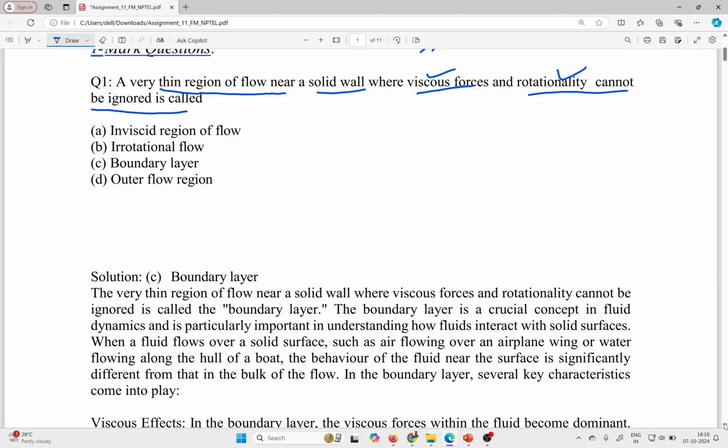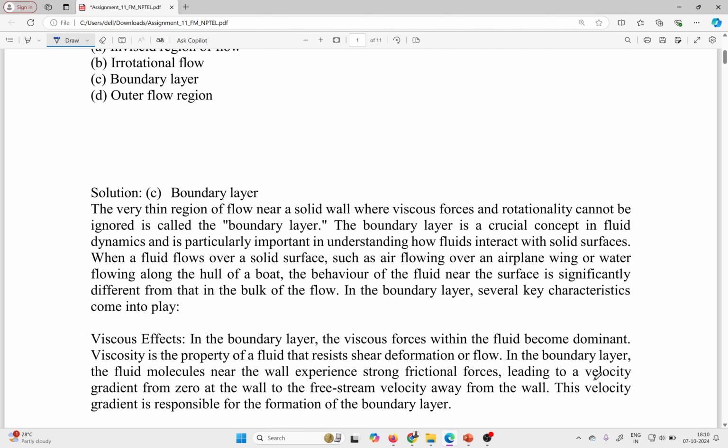So here I have written very well what the viscous effect is and all. If I try to explain here what the viscous effect is: in the boundary layer, the viscous force within the fluid becomes dominant. And viscosity is a property of fluid that resists shear deformation or flow.